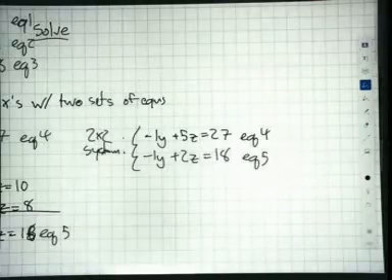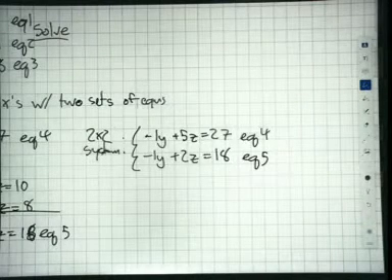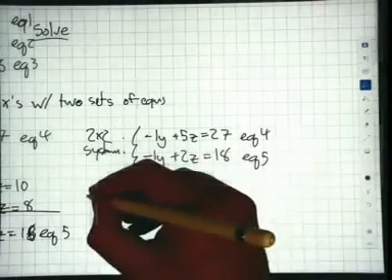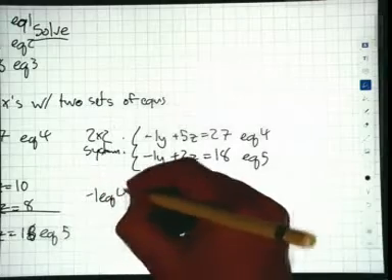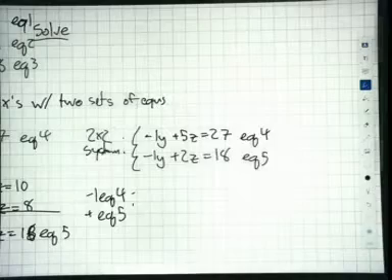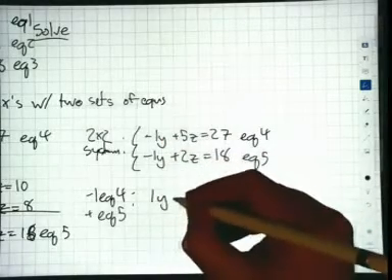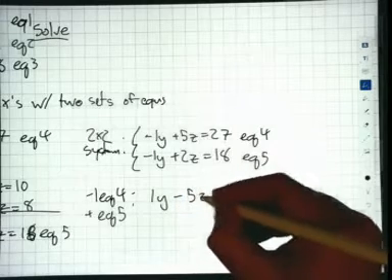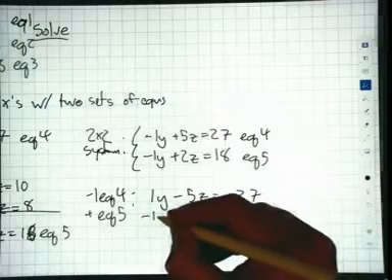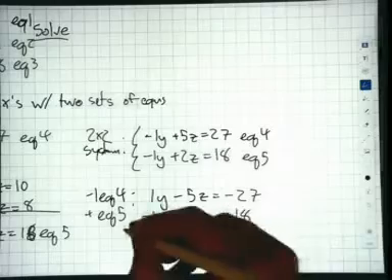Alright, so what would I do to solve this system? I might think about elimination. Elimination tends to be my favorite way to do things. So what if I take negative 1 times equation 4 and add it to equation 5? Because that's going to create a positive 1y minus 5z minus 27, and then I have negative 1y plus 2z is equal to 18.